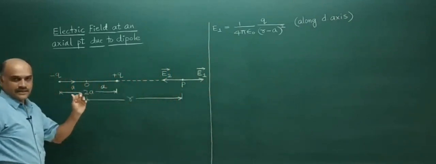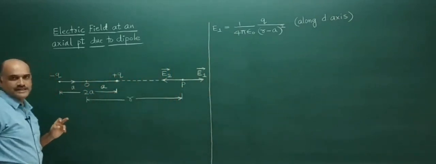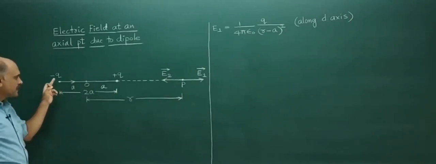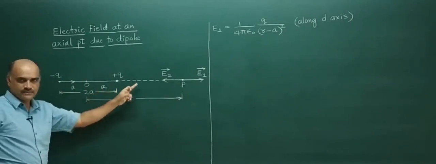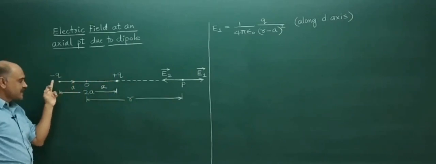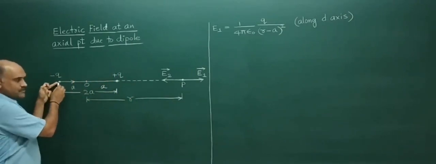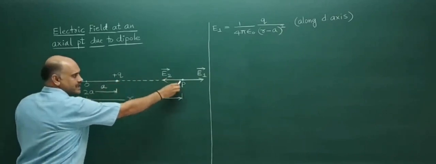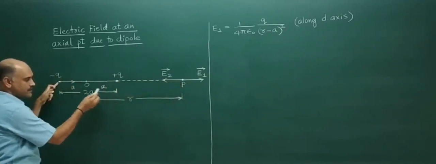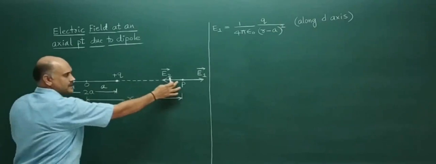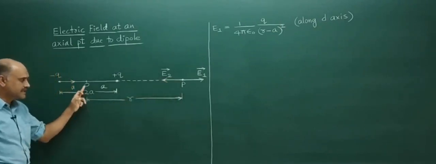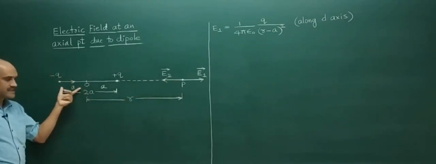Now similarly, if you write expression for E2, E2 is due to minus q. So charge is again the same, distance changes. Minus q is at a distance of r plus a from P. Till here it is r, then this is a.